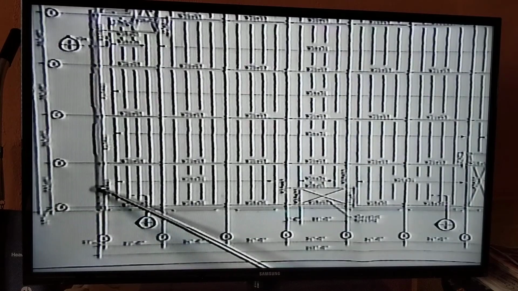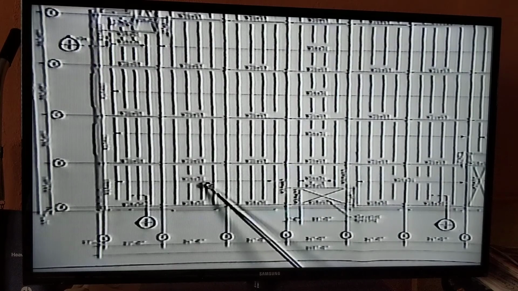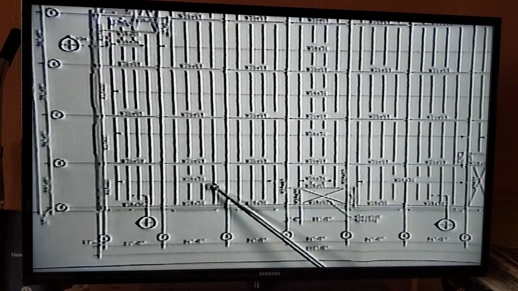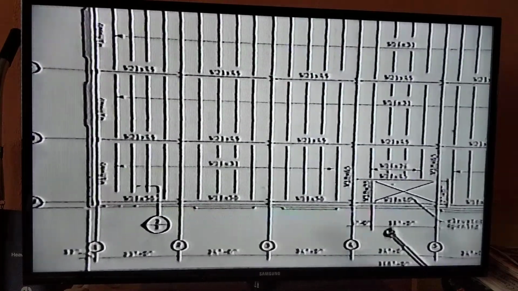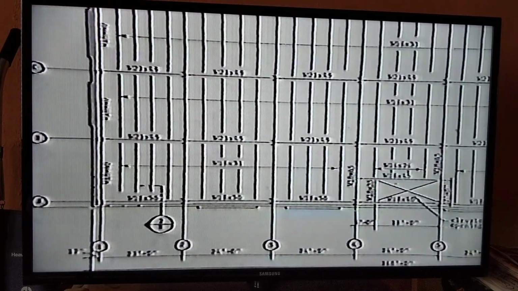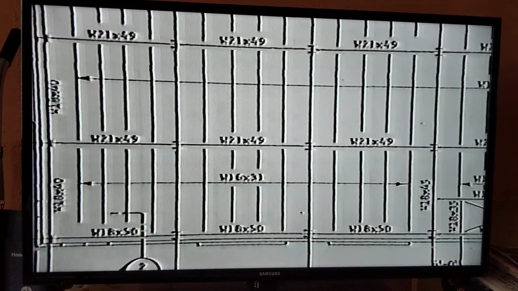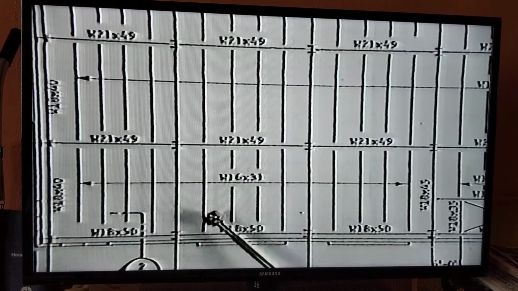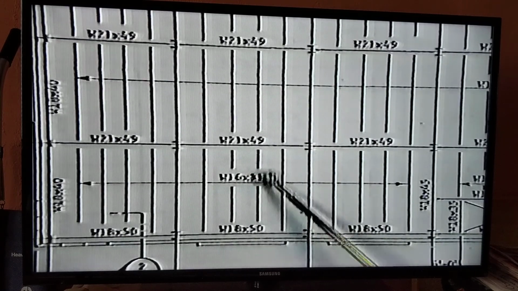But now let me call your attention to the pieces that are labeled W16 by 31, which is found in between A and B and 2 and 3. This 16 by 31 is resting on something, and what it's resting on is an arrow. What they're trying to tell us here is that there are W16 by 31s here, sure, but the pieces of steel are actually running this way.